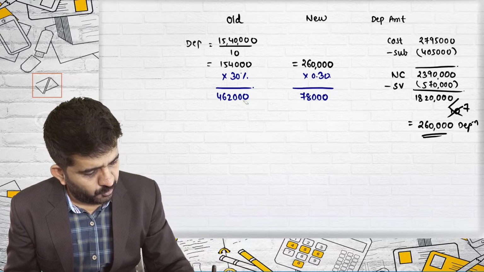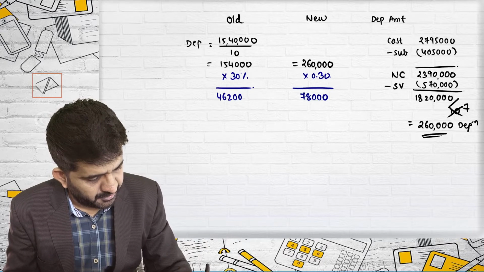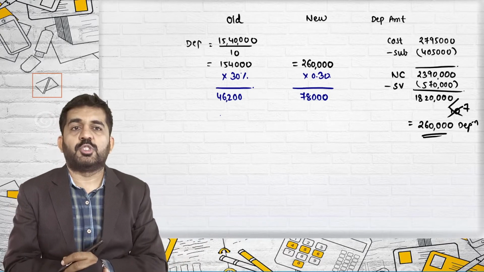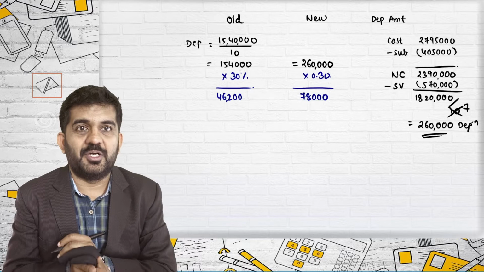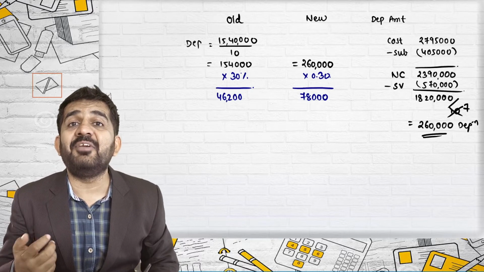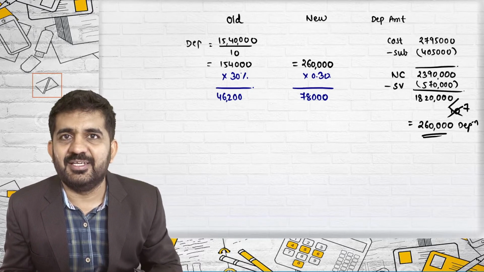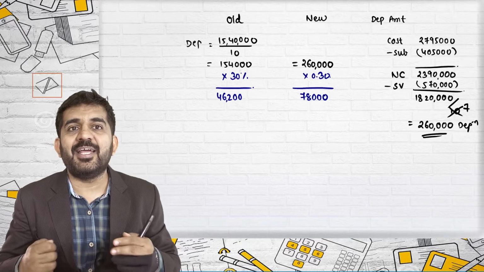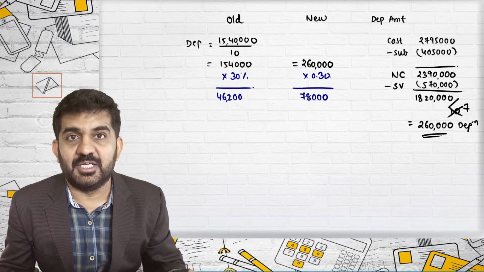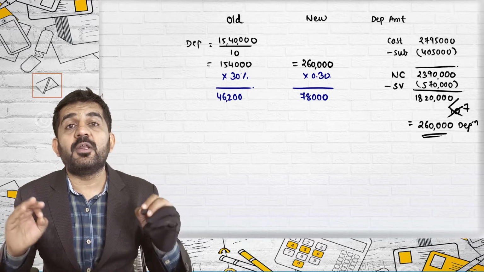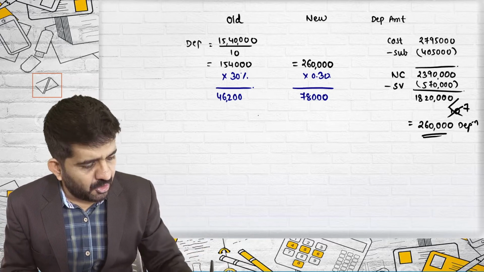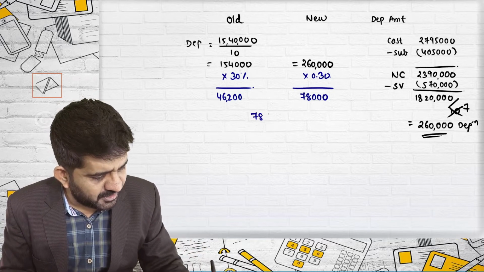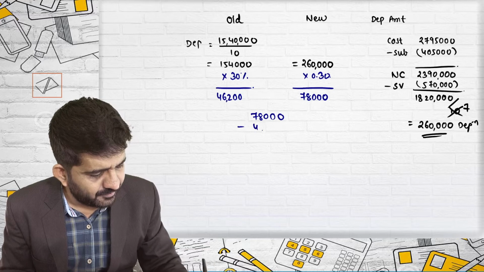You were having not 4,60,000, it was 46,200. 1,54,000 into 30% is 46,200. So you were already having a benefit of 46,200. Now you are getting a benefit of 78,000. So if you replace the machinery, your benefit is 78,000 minus 46,200.